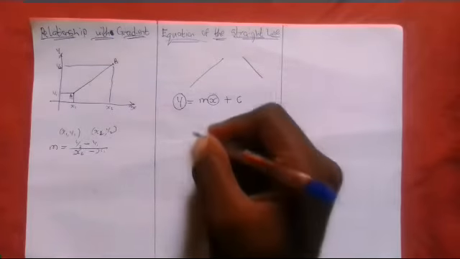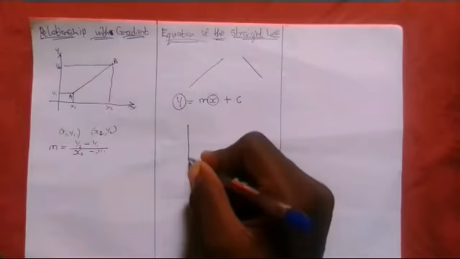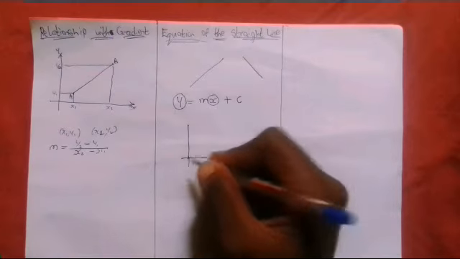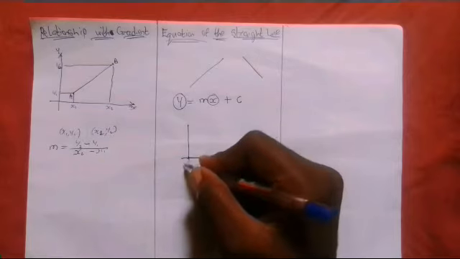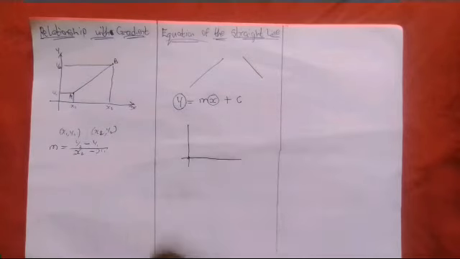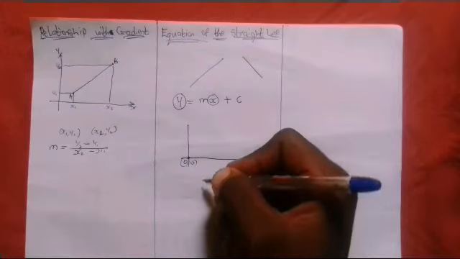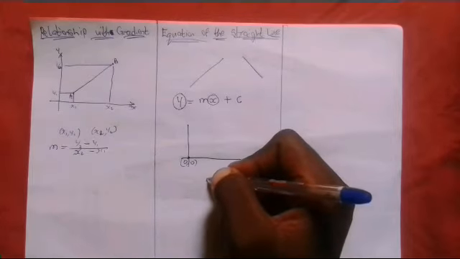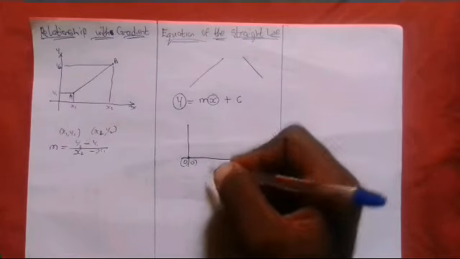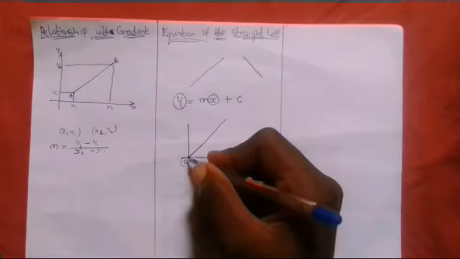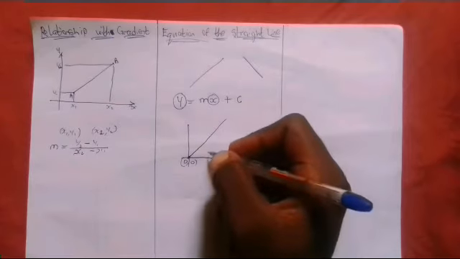Now what do I mean? This is a supposed axis for the x and y, and this point is representing the origin of that axis. And so if the line begins from this point, it means it began from the origin.